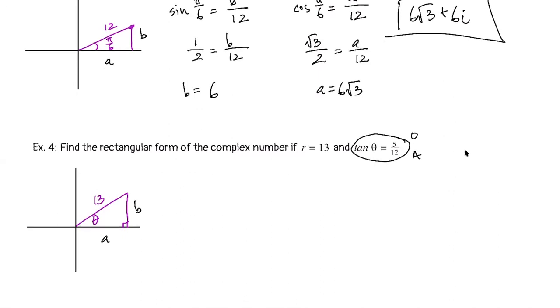And b is our opposite side, so we know b is 5, and a is our adjacent side, so we know that's 12. Good. And this also happens to be one of those nice right triangles, right? 5, 12, 13. And so now that we have our a and b, we can write z as a plus bi, or 12 plus 5i. Okay.